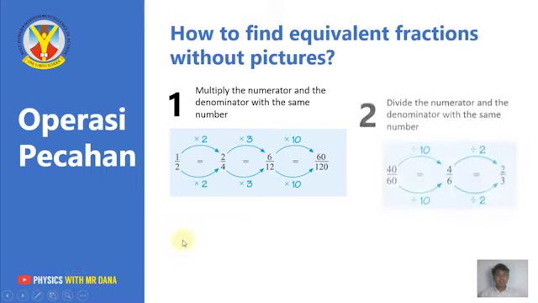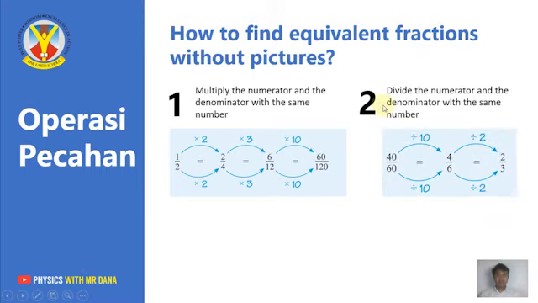The second method is to divide, membagi. Divide the numerator and denominator by the same number. For example, here I have a fraction 40 over 60. To find other fractions that are equivalent to 40 over 60, what I need to do is divide them by the same number.